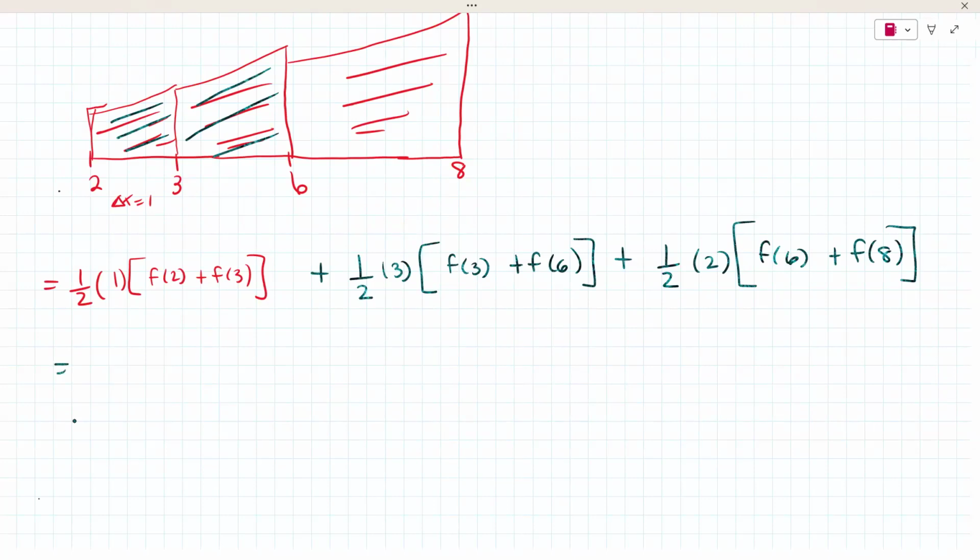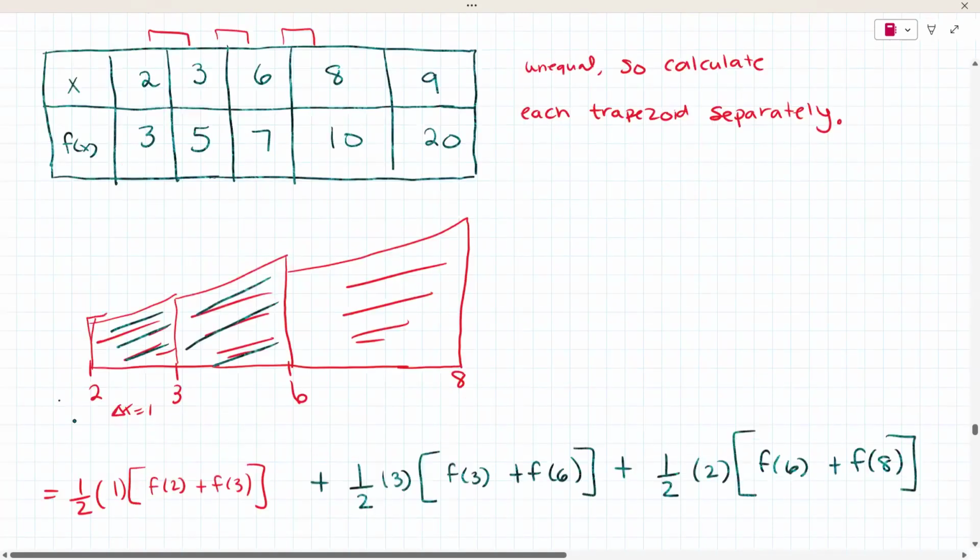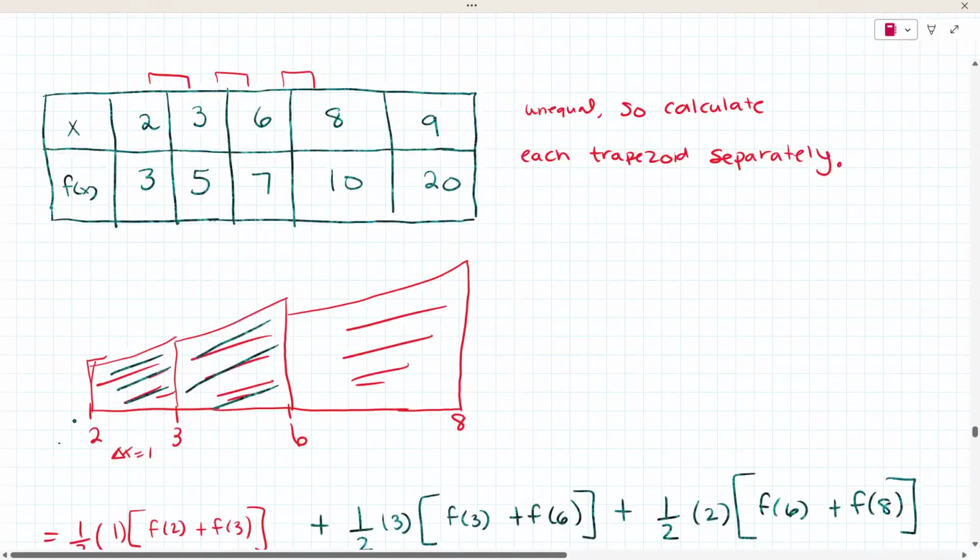Okay, so they don't give us a function, they actually give us a table, so that's even better. 1/2 times 1 is 1/2. F of 2, you have to look at the table. F of 2 spits out a 3, and then f of 3 spits out a 5.